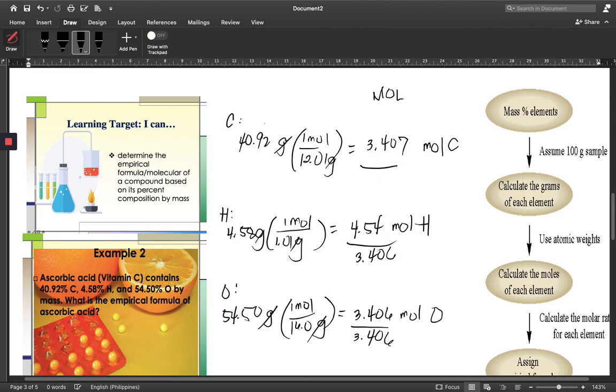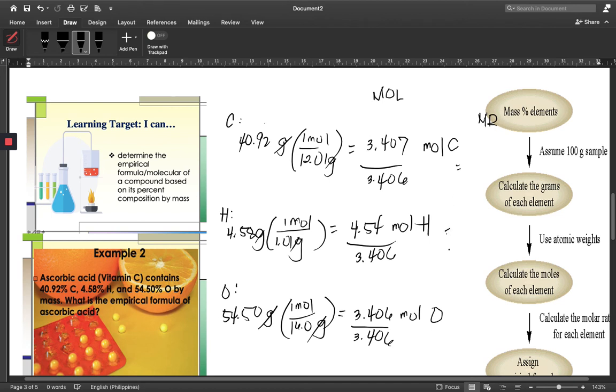Now, you may have varying values, especially in the atomic masses that we use, but it doesn't matter as long as we end up with the same mole ratios. So this one is also divided by 3.406. So after dividing with the smallest number of moles, we can get our mole ratio for each particular element.